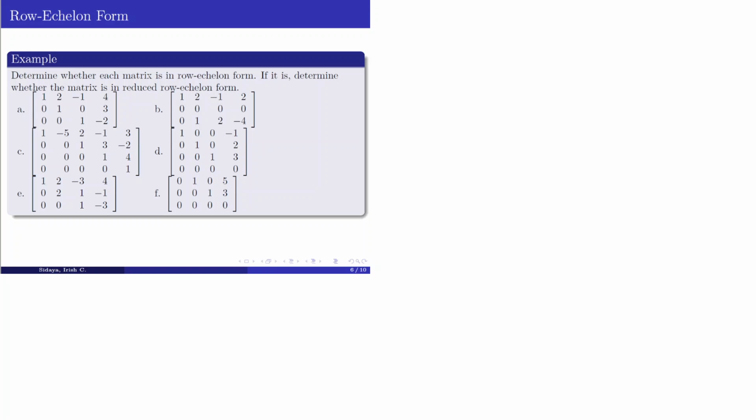This is in row echelon form and in reduced row echelon form. So again, the matrices A, C, D, and F are in row echelon form, and the matrices D and F are the ones that are in reduced row echelon form.